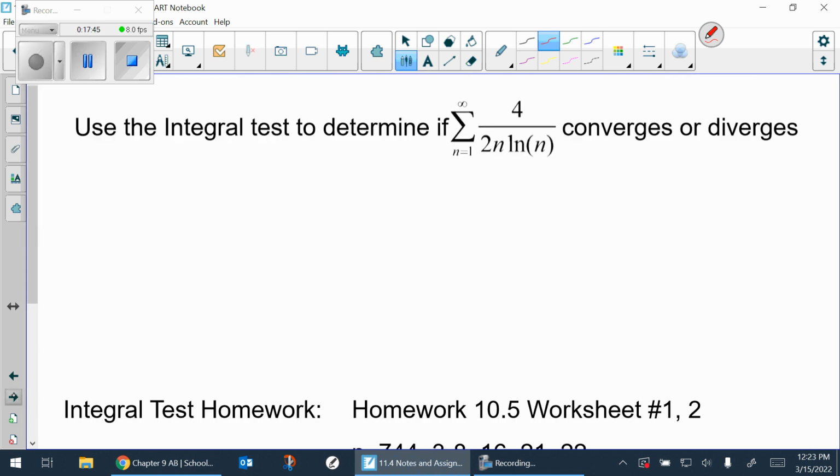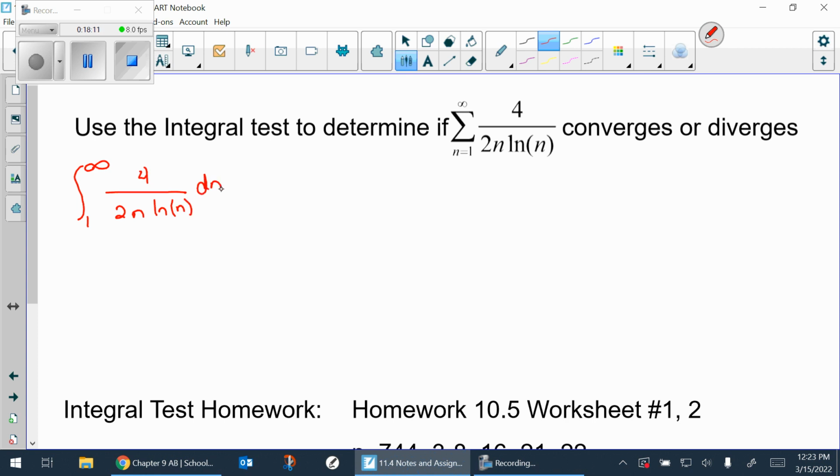Let's take a look at one more example here. Here's the integral test to determine whether this converges or diverges. Well, let's give it a shot. We're going to take the integral from 1 to infinity of 4 over 2n natural log of n dn.